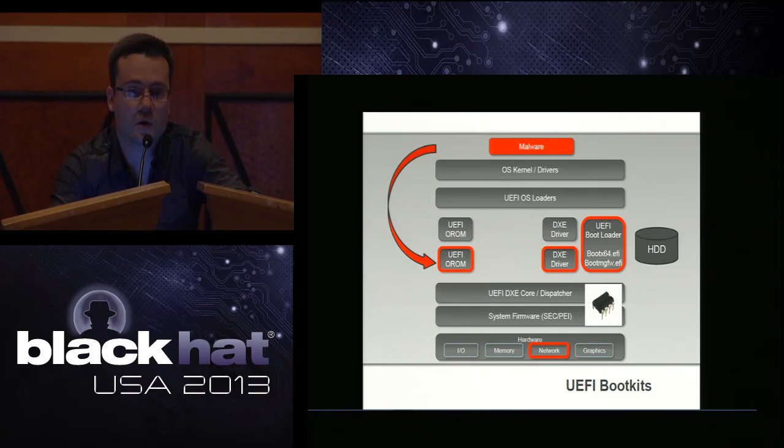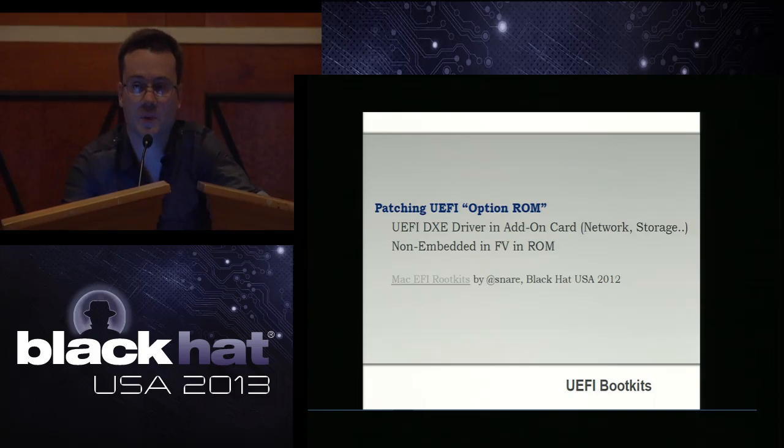The other option for UEFI bootkits is to replace UEFI-based option ROMs in one of the add-on cards, not embedded. Let's say for a network card, you can see that the network card is in red here, so it kind of shows that the exploit first has to compromise the option ROM on that network card, and this option ROM will get loaded, will get dispatched by DXE. That has been demonstrated by Snare last year at Black Hat on MacBooks.